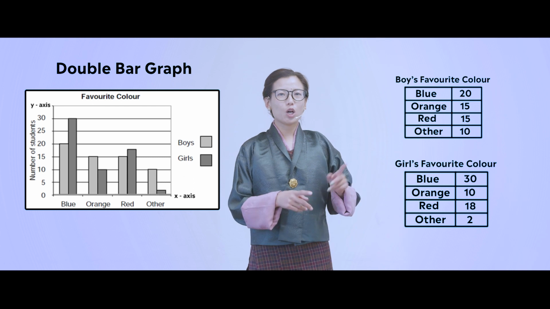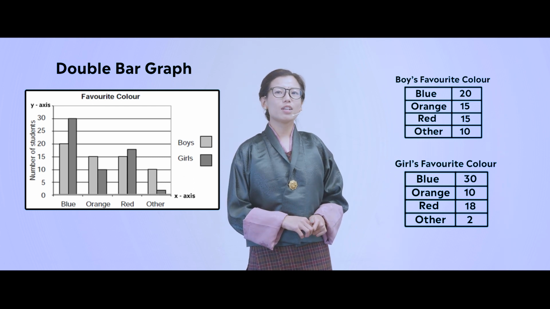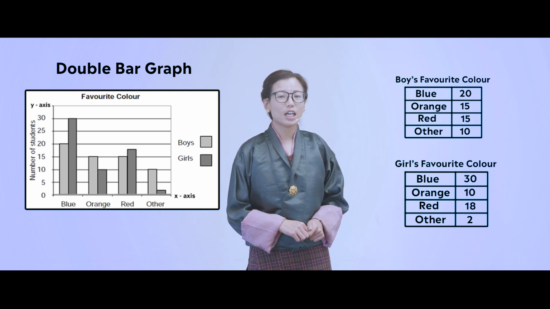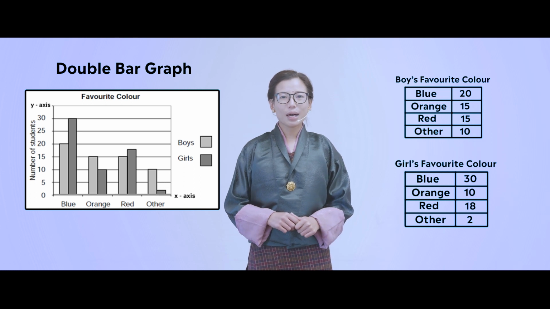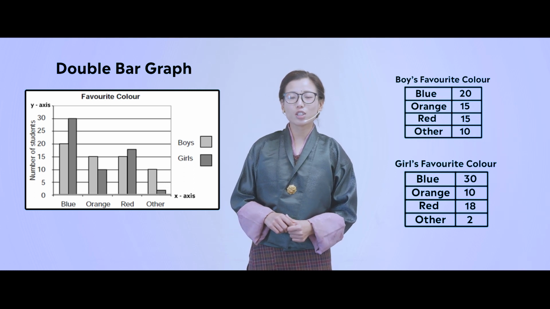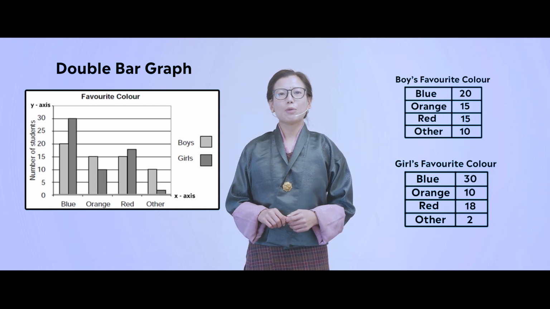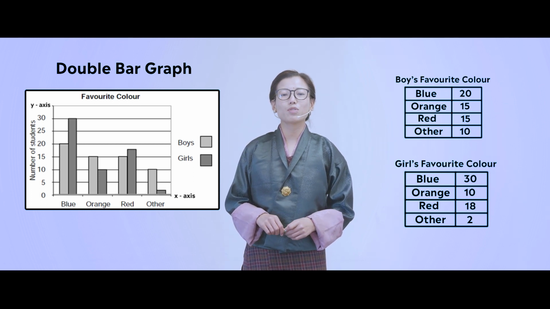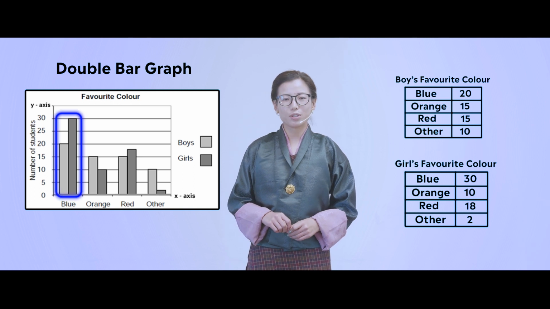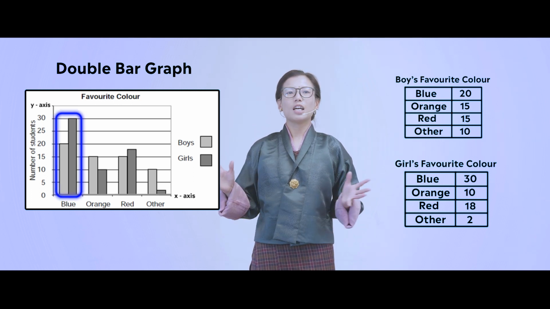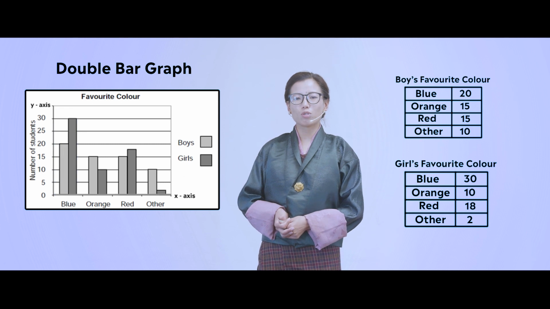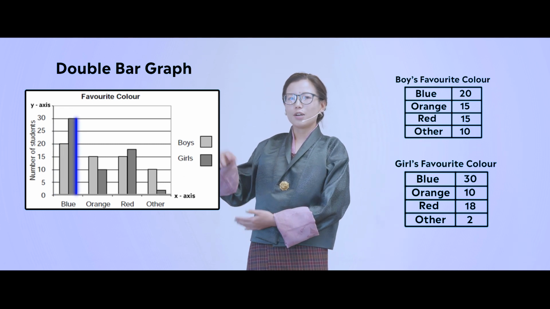The number of boys who chose red and orange as their favorite color is the same, but the number of girls who chose red as their favorite color was more than the number of girls who chose orange. So these four pieces of information you can draw from this double bar graph.